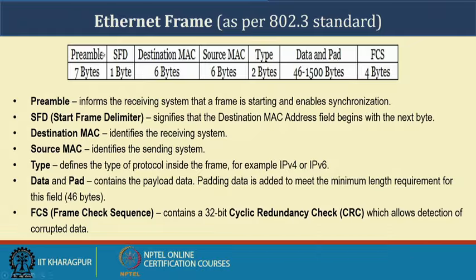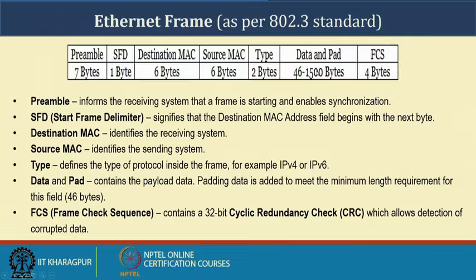Some of the literature mentions the preamble as 7 plus 8 bytes, but as per the standard the preamble is 7 bytes, SDF is 1 byte, destination MAC is 6 bytes, source MAC is 6 bytes, type is 2 bytes, and the payload is 46 to 1500 bytes.